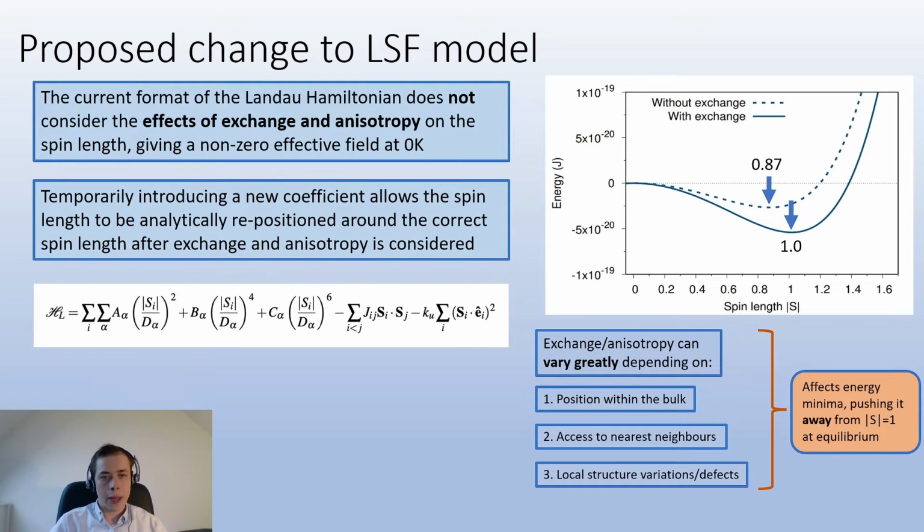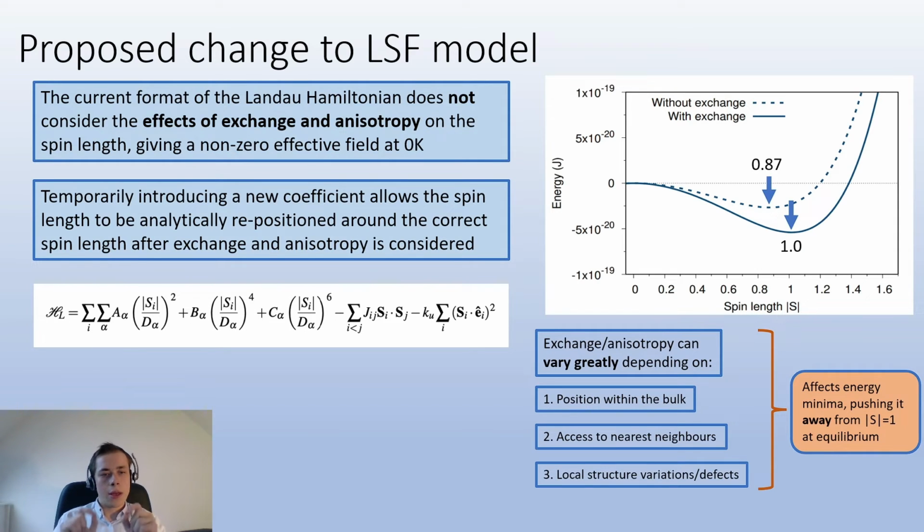So in order to combat this, we constantly apply a refitting to the coefficients if this deviation from the 1 spin length equilibrium point deviates too much. The way that we do this is that we have a typical set of A, B, and C parameters that we start with for any material we're looking at.